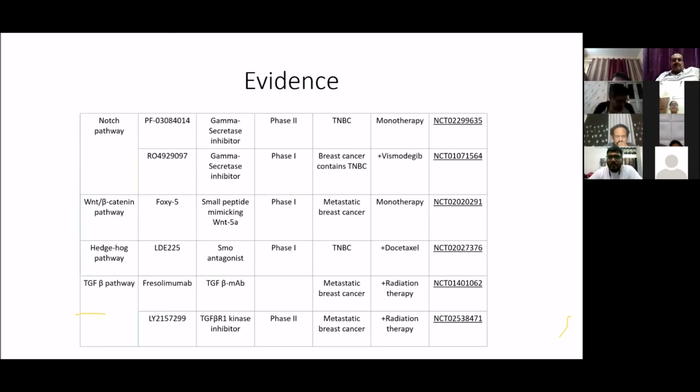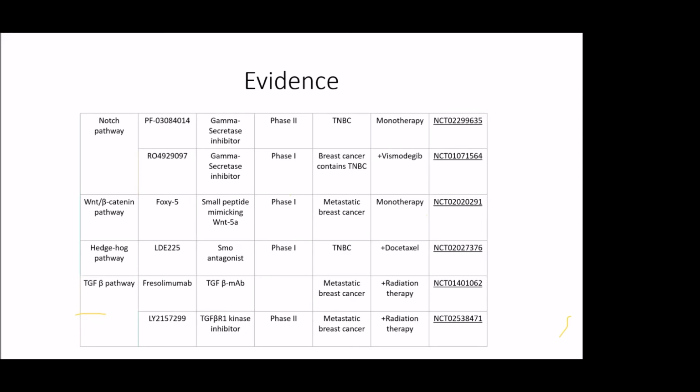In immune-mediated type, again we have pembrolizumab or atezolizumab with nab-paclitaxel. In luminal androgen receptor type, we have bicalutamide and enzalutamide, and mesenchymal or mesenchymal stem cell like is still under investigation.